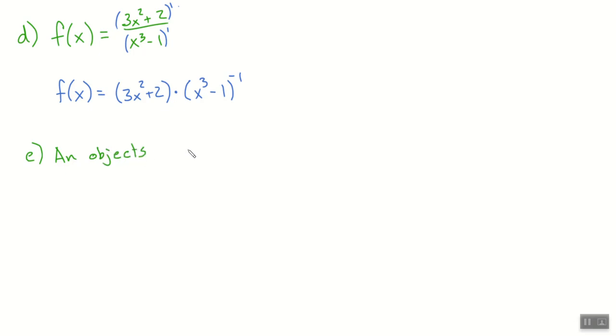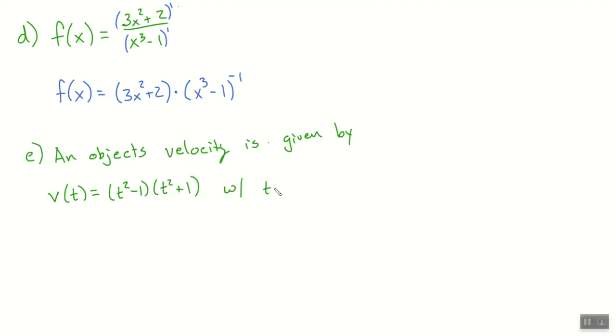An object's velocity is given by, let's say we have v of t equals, I don't know, we'll say it's nice, t squared minus 1 and t squared plus 1 with t in, we'll say seconds, and distance, and I know we don't have any distance written here, we'll say distance in meters.